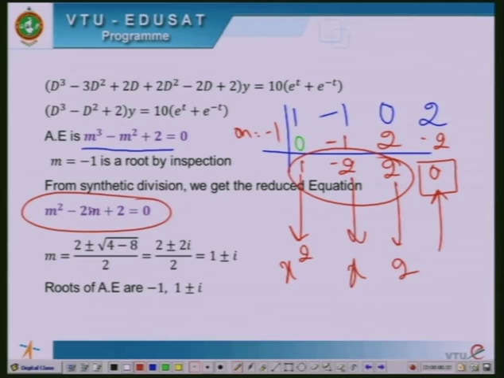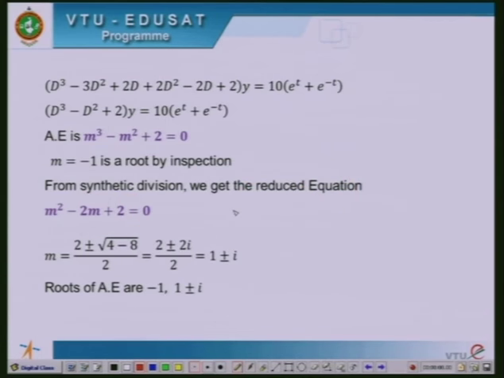The unknown I have denoted by m: 1 into m square minus 2 into m plus 2 equals 0. It's a quadratic equation, you can easily solve this.